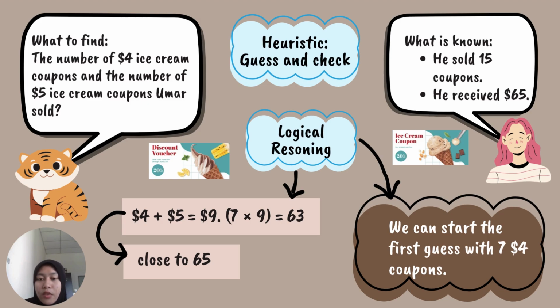So $4 plus $5 is $9, and $9 multiplied by 7 is $63, which is close to $65. So the concept of computational thinking involved is logical reasoning, which means we can start the first guess with 7 $4 coupons.